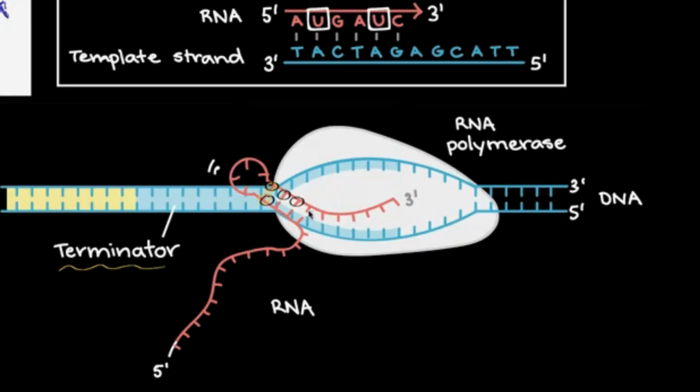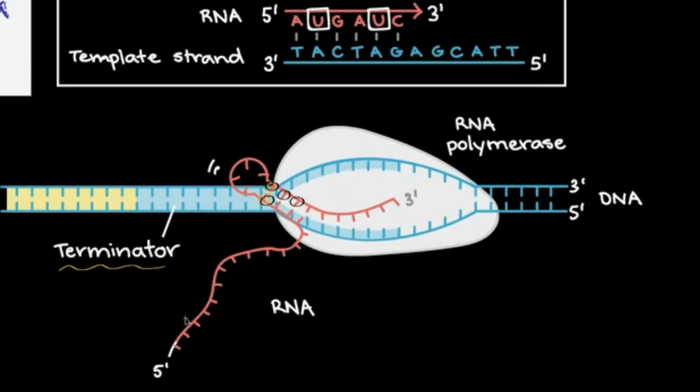And so the complex changes a little bit, and it lets go, or at least that's how people believe it. There are other forms of how the terminator can act. It might be sequences that parts of the polymerase complex recognize, and it makes a conformation change so that the RNA polymerase lets go.